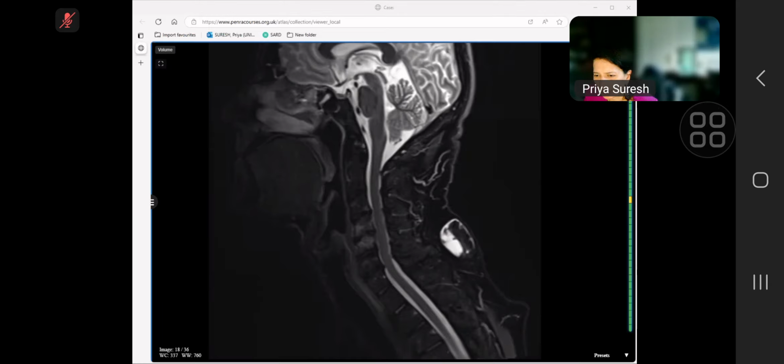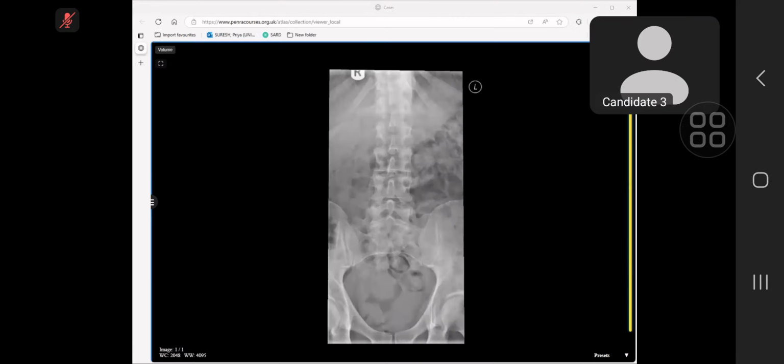So this patient is presenting with low back pain. I'm provided with a frontal radiograph of the lumbar spine, including bilateral sacroiliac joints.